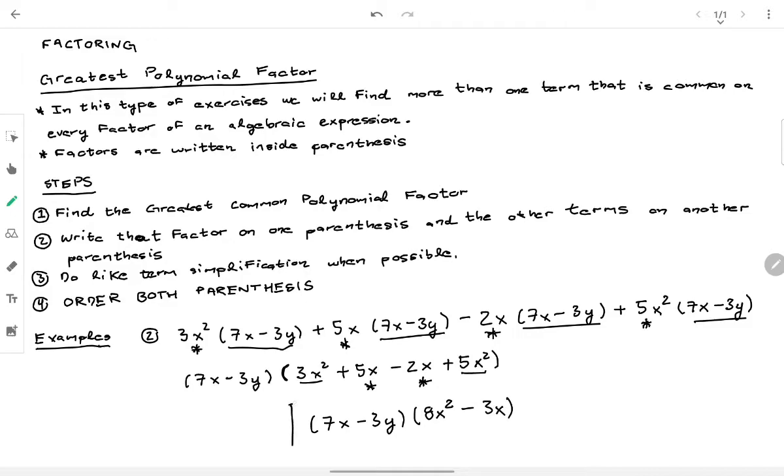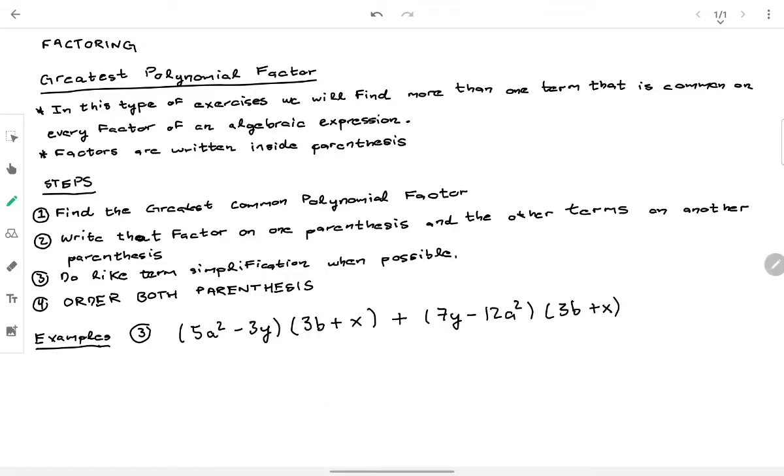It's correctly ordered, so this is going to be our final answer. The common factor in one parenthesis, the like term simplification of the non-commons in the other parenthesis. So it's an easy topic. Let's see another example.